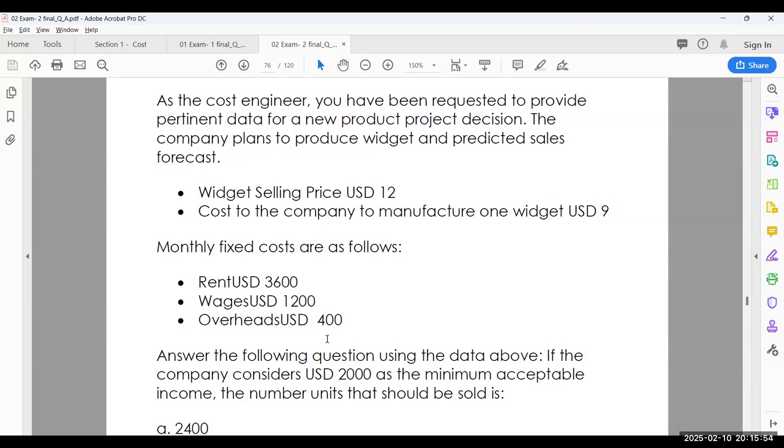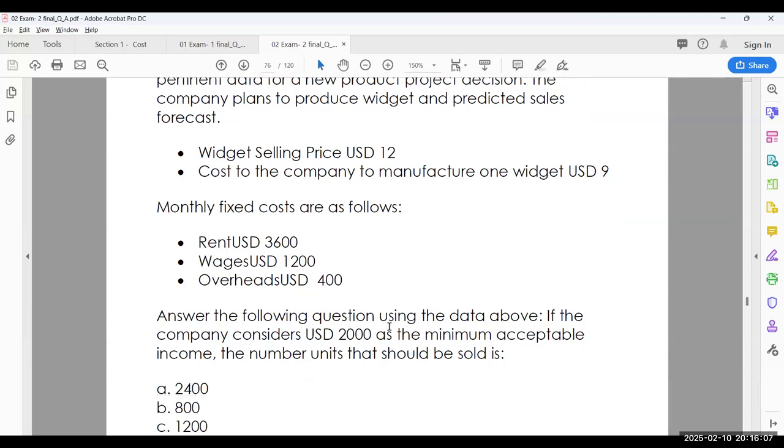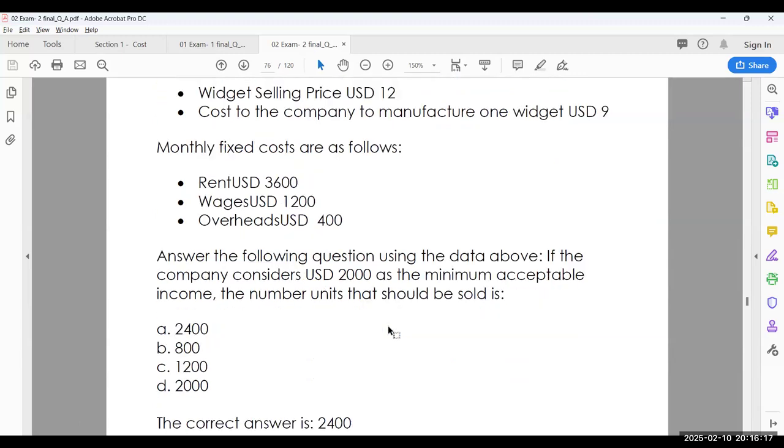You need to add this 2,000 along with the fixed cost, then divide by 12 minus 9. Here they are not saying anything regarding the new selling price, just the selling price. Understood. So 2400.